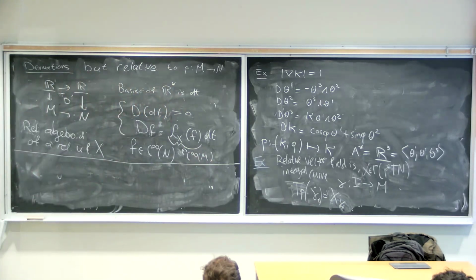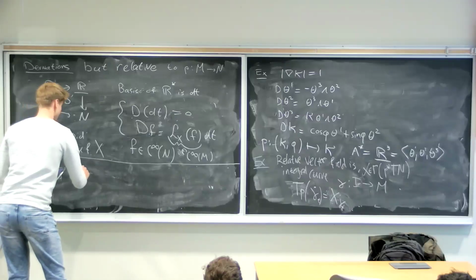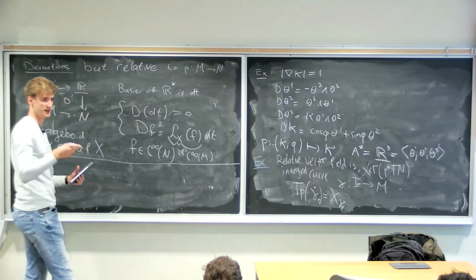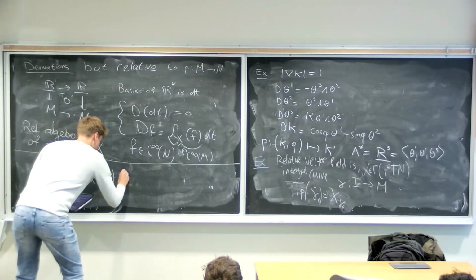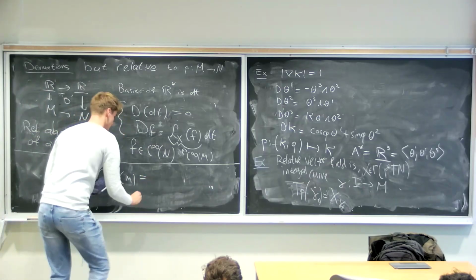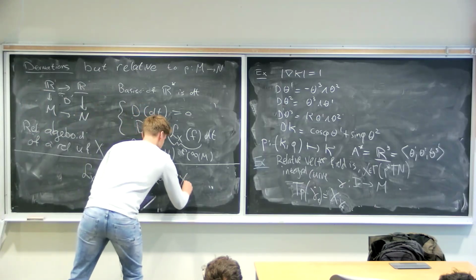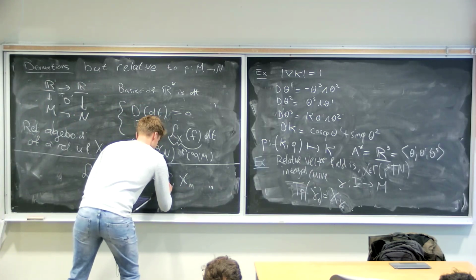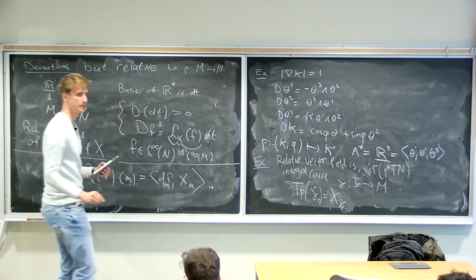So what does L_X of f mean? So yeah, we can pointwise differentiate in the direction of N. So L_X of f at a point m should be df paired with X at the point m, but this is the derivative at the point p of m paired with X of m.